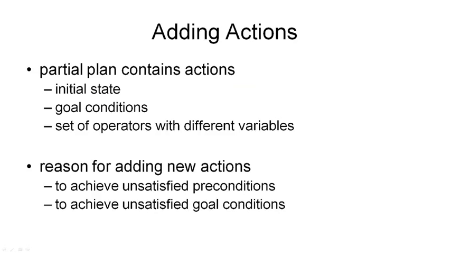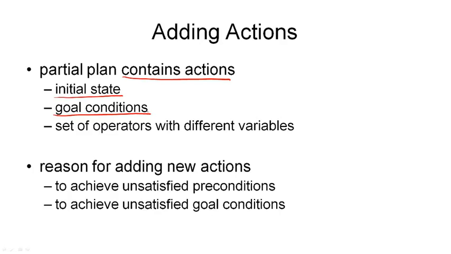The first component of a partial plan were the actions, or to be more precise, partially instantiated operators. In general, the partial plans we'll be considering contain the following actions. The first thing they contain is a representation of the initial state, and then they will also hold a representation of the goal conditions. Having initial state and goal conditions as part of the actions in our partial plan simplifies the representation.